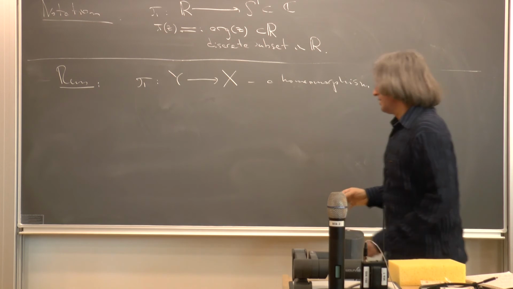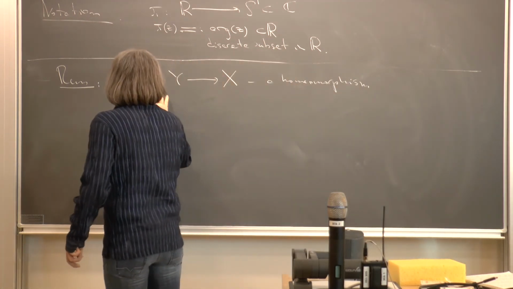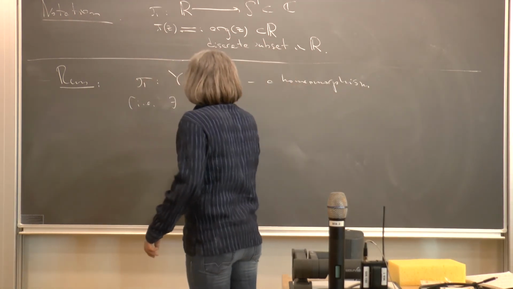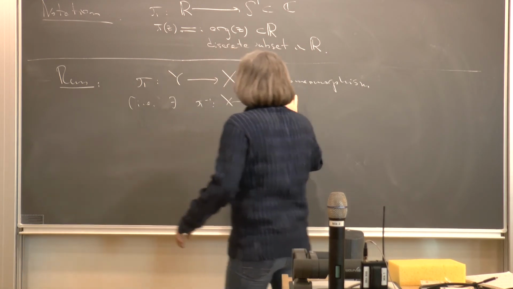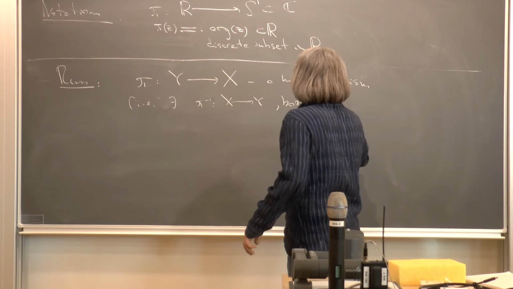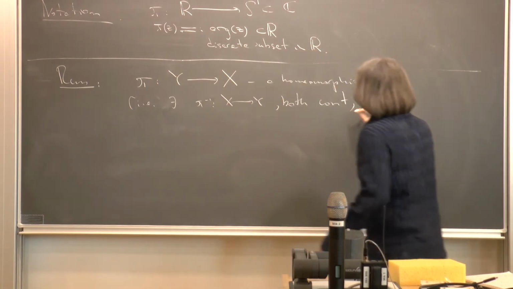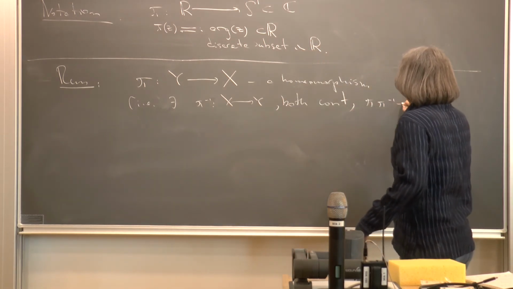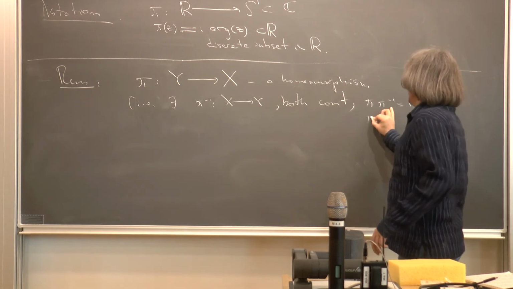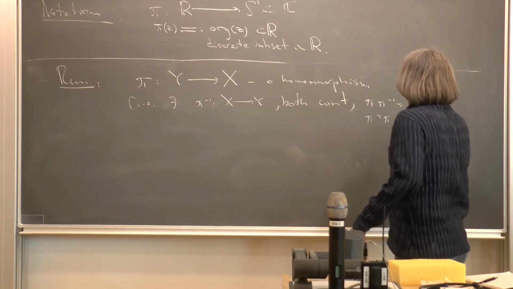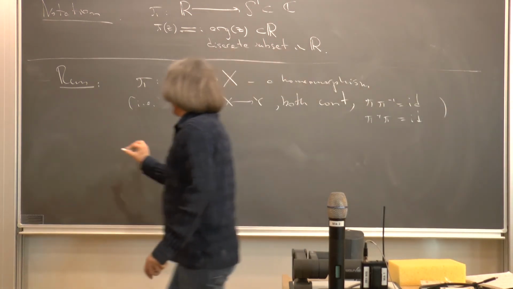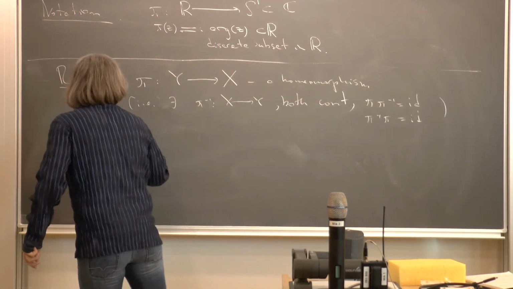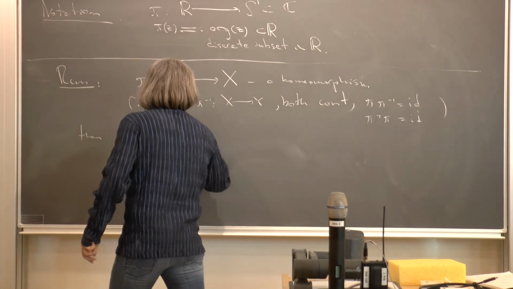I.e., there exists another map, pi inverse, from X to Y, both continuous, with pi pi inverse being identity and pi inverse pi being identity. Then obviously it's a covering. Then pi is a covering.